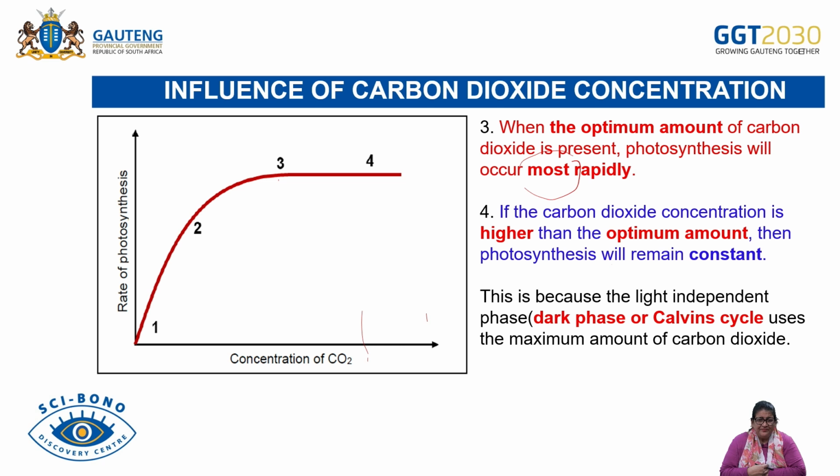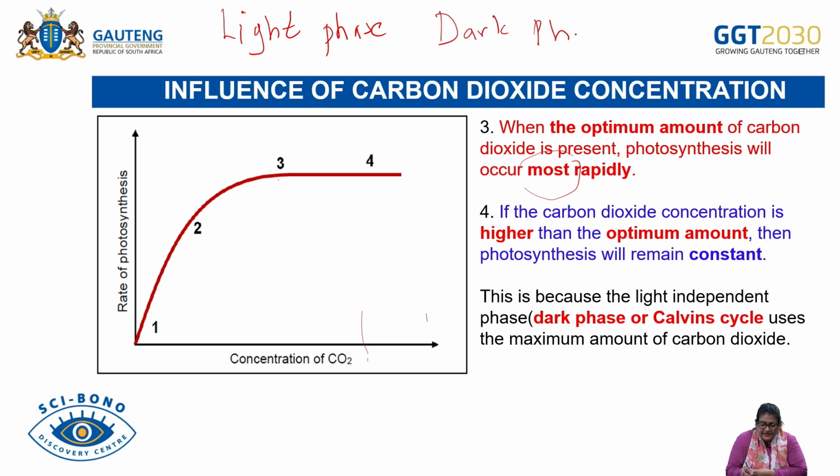Okay, it is the light phase. And why is it called the light phase? Because it depends on light. It needs light. And the other phase is called the dark phase.